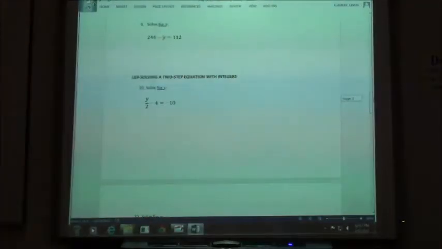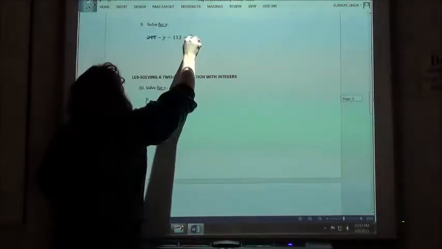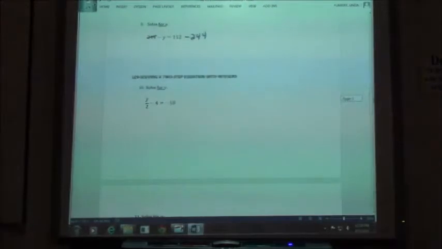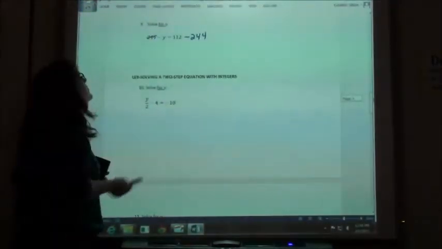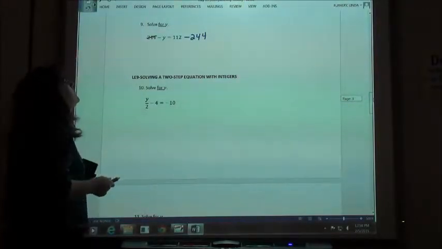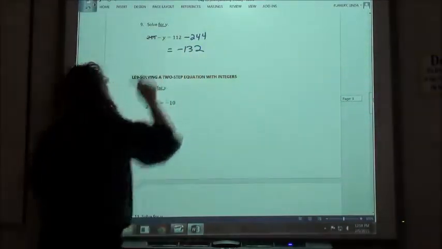So, number 9. What's the first thing I probably want to do? Minus my 244. So then what am I going to have? Negative 132. And what's in front of my equal sign?